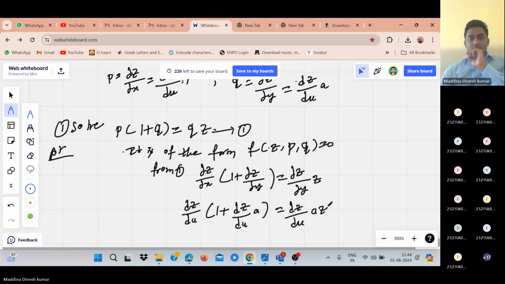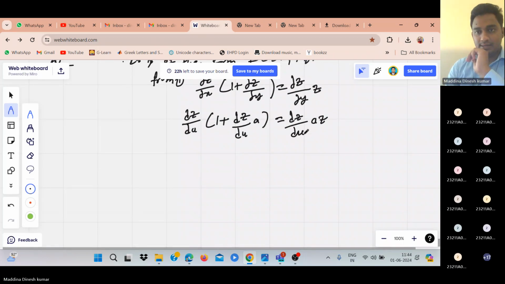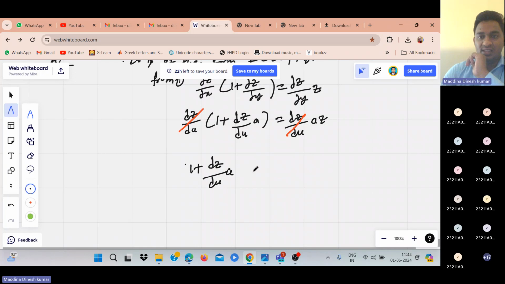Now here these two terms will vanish out. Next what remains is dz by du times 1 plus a dz by du equal to a z.